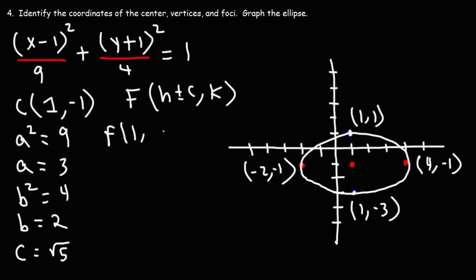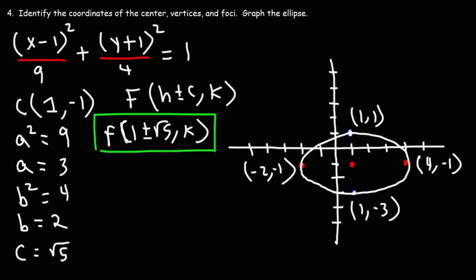H is 1, c is the square root of 5, so it's going to be 1 plus or minus root 5 comma k. In this case, we can't simplify the coordinates of the foci, so we have to leave it like this. So that's our answer for the coordinates of the foci.